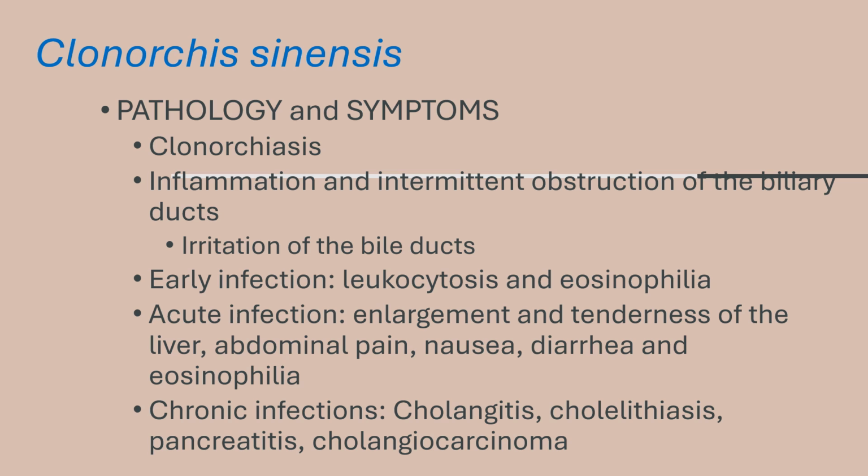In acute infection, you have enlargement and tenderness of the liver, abdominal pain, nausea, diarrhea, and eosinophilia. In chronic infections, you have cholangitis, cholelithiasis, pancreatitis, and cholangiocarcinoma. Let's define cholangiocarcinoma later.